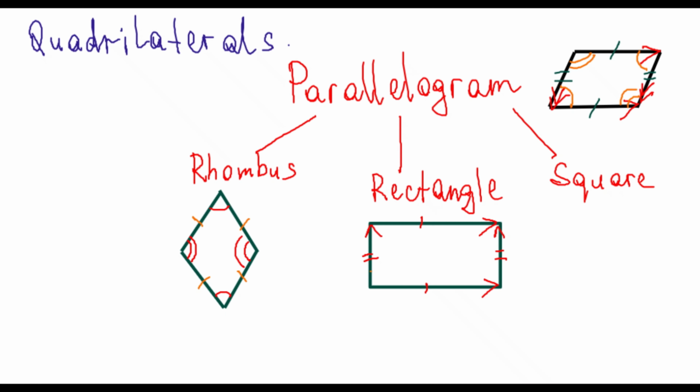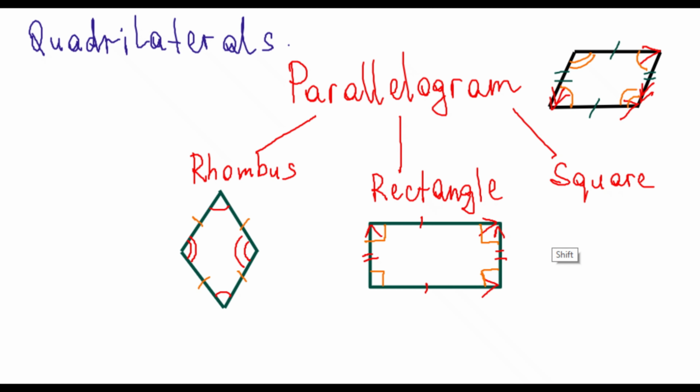And opposite angles are same. Just the difference here is not just opposite, all angles are same and they are equal to 90 degrees. So sides of rectangles, adjacent sides are perpendicular to each other.